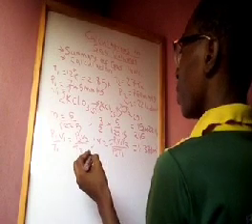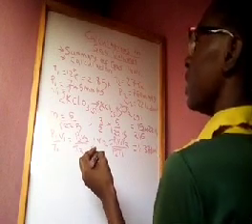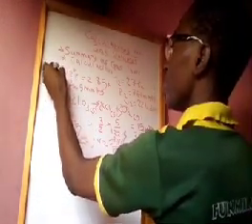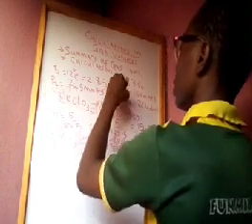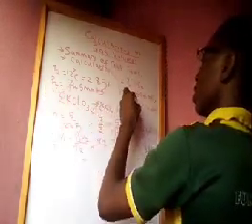So when we substitute our values, let's label them T1, P1, V1 and T2, P2, V2. So we are looking for V2, right?